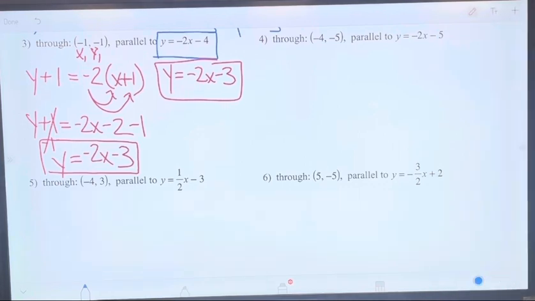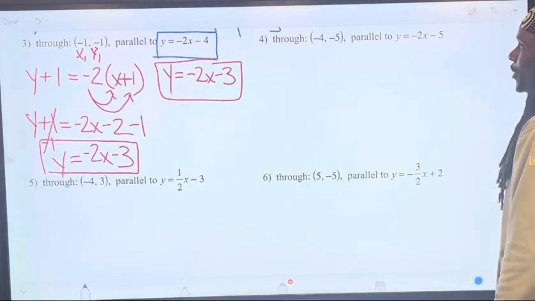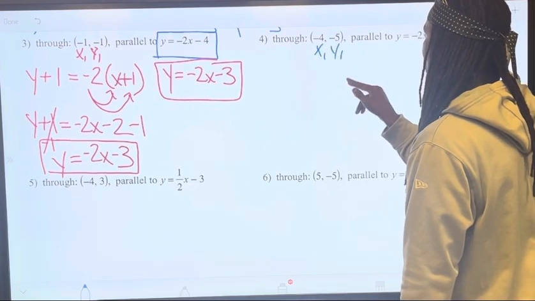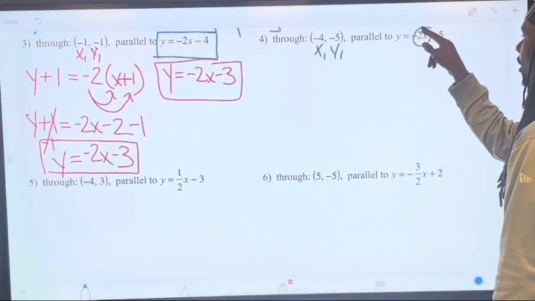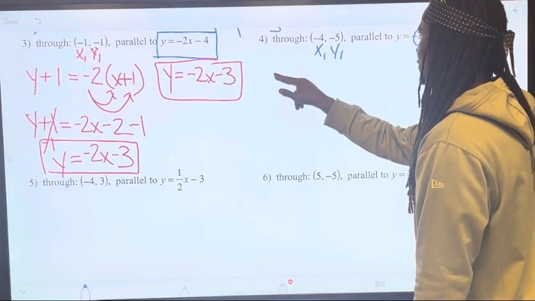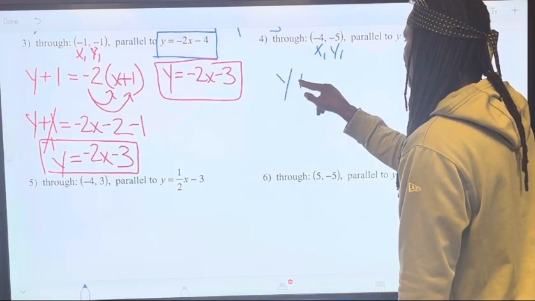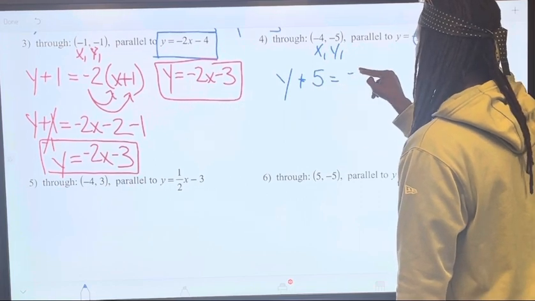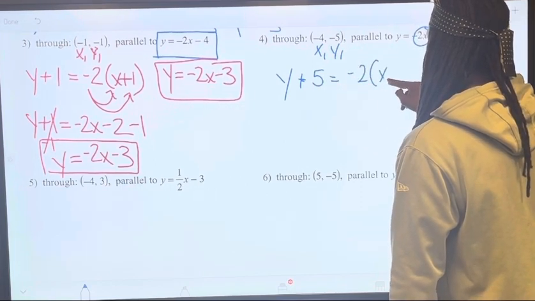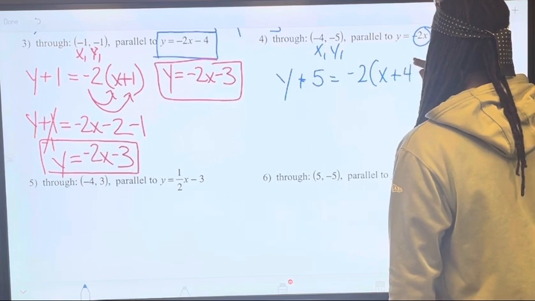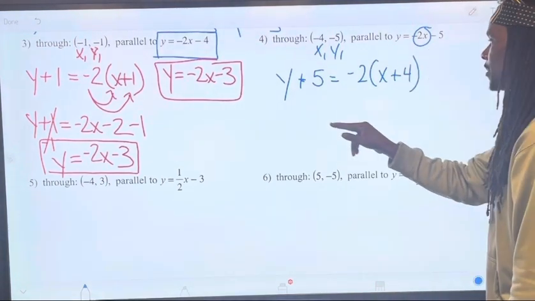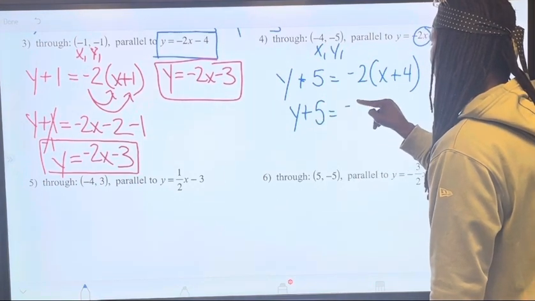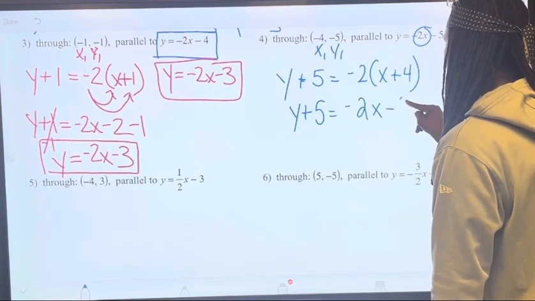We'll trade and grade that when we bring it back, and then we're going to slide over to the perpendiculars. Here, you should have had x1, y1. Don't forget your slope is negative 2. It should have been y plus 5 equals negative 2 times x plus 4, which becomes y plus 5 equals negative 2x minus 8.